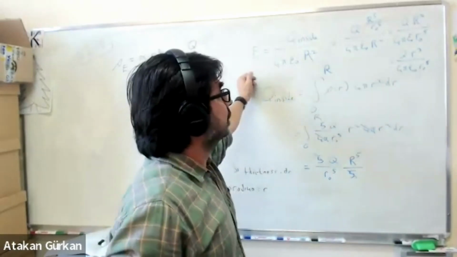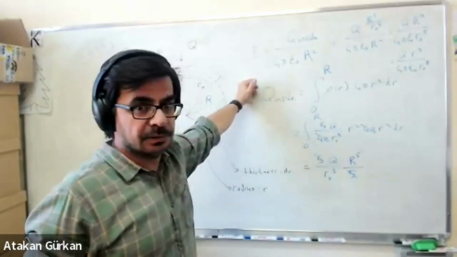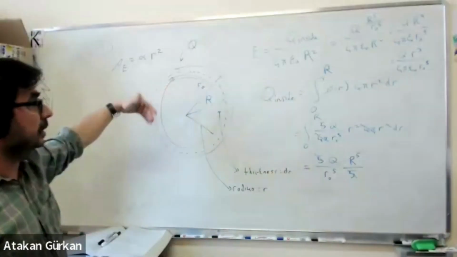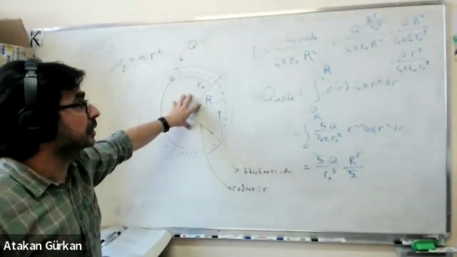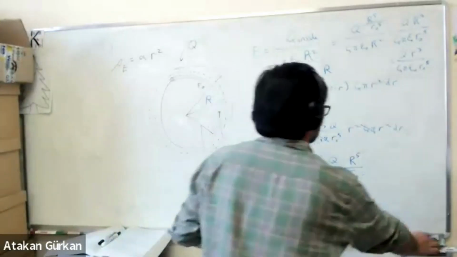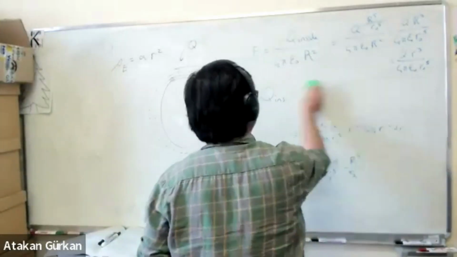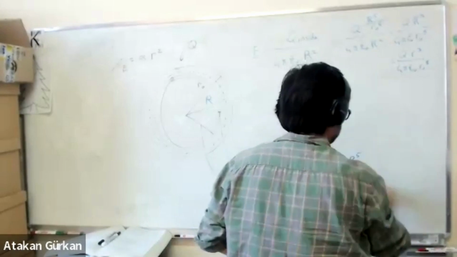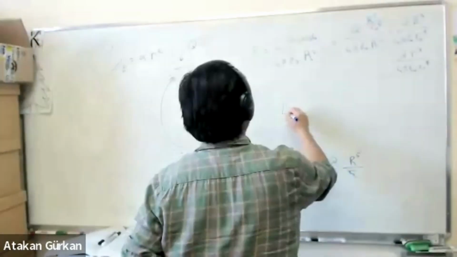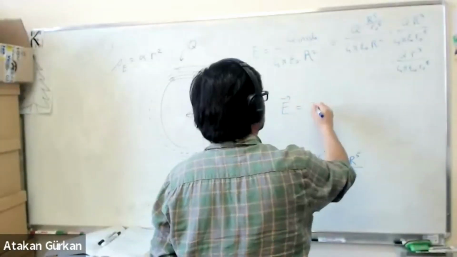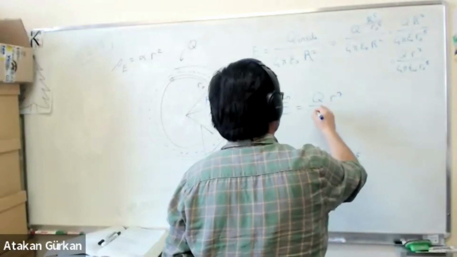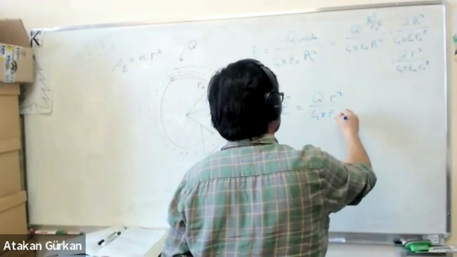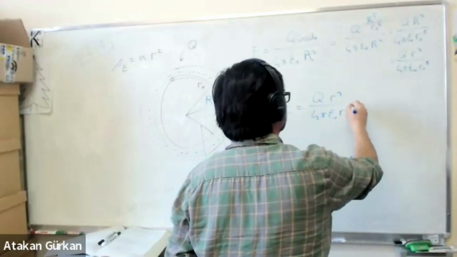Now I want to attach a direction to this. Okay. The electric field, again, from the argument for the solid sphere, is going to be in the radial direction. So let me erase this completely. The vector electric field here is going to be Q r cubed divided by 4 pi epsilon naught R0 to the 5th r hat.